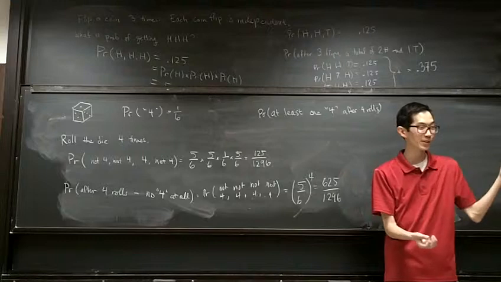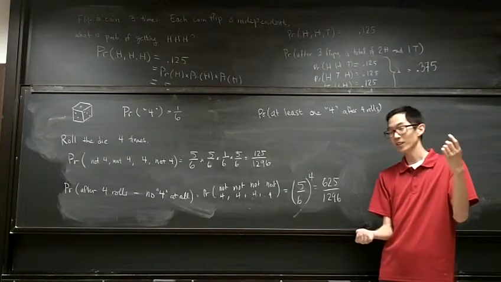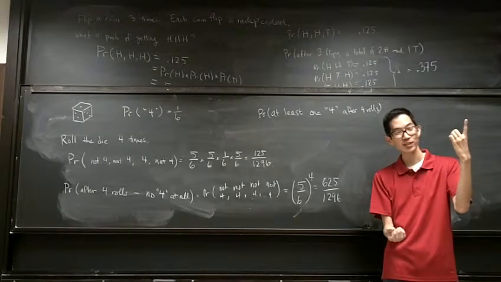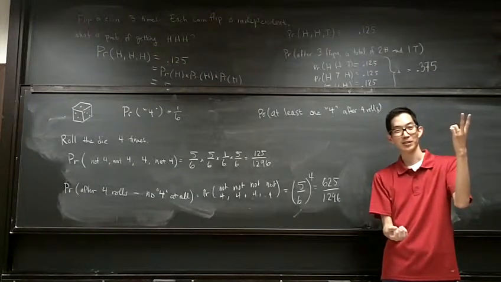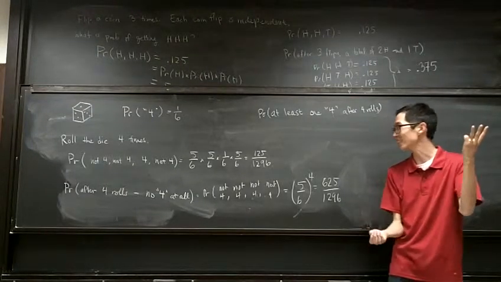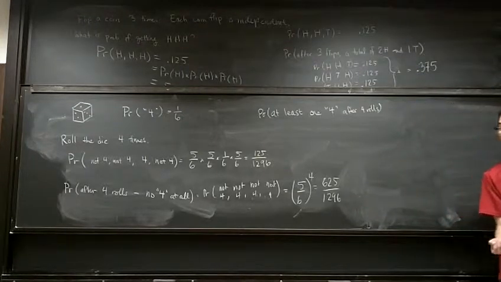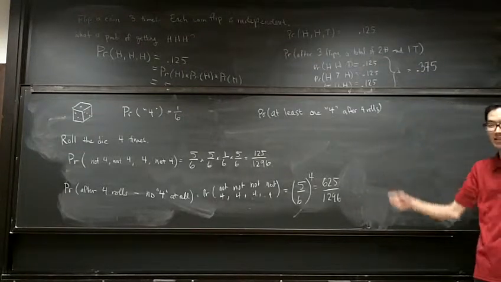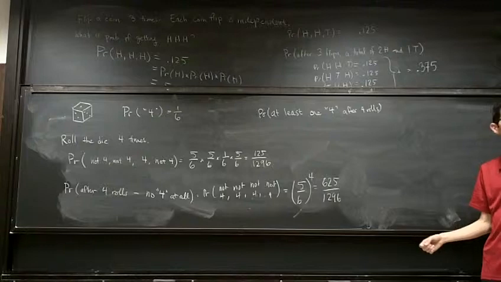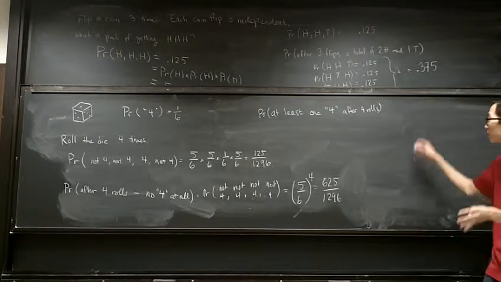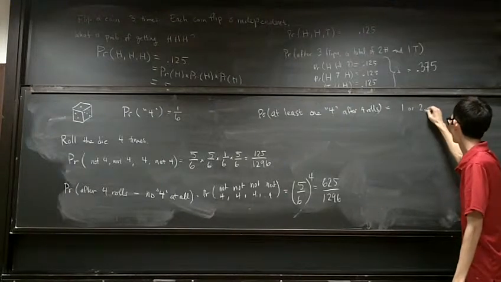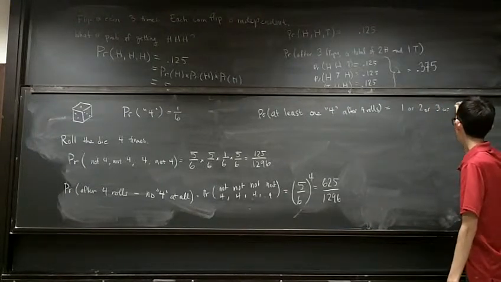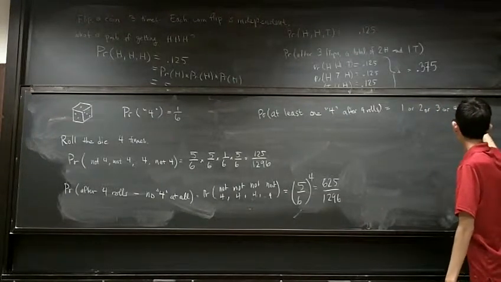But I could also see 3 4s, or 2 4s, or 1 4. So at least 1 4 means I could see 1, 2, 3, or 4 4s.